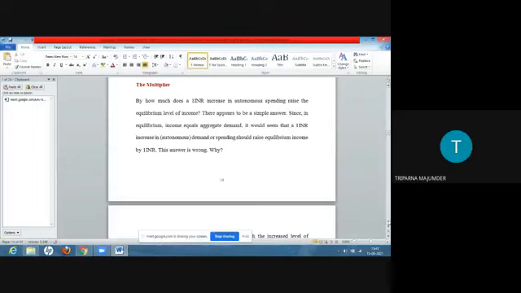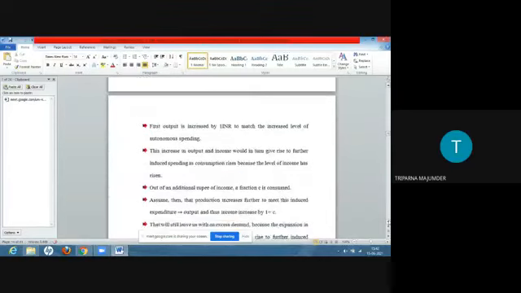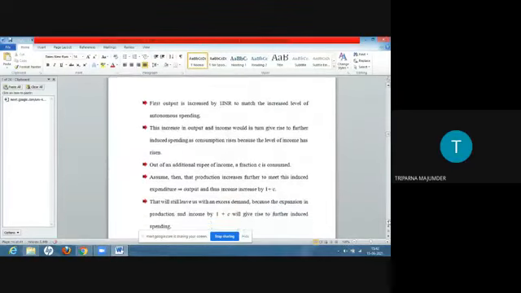Since in equilibrium income equals aggregate demand, it would seem that a rupee increase in autonomous demand or spending should raise equilibrium income by 1 rupee. But this is absolutely wrong. We need to know why this is wrong.